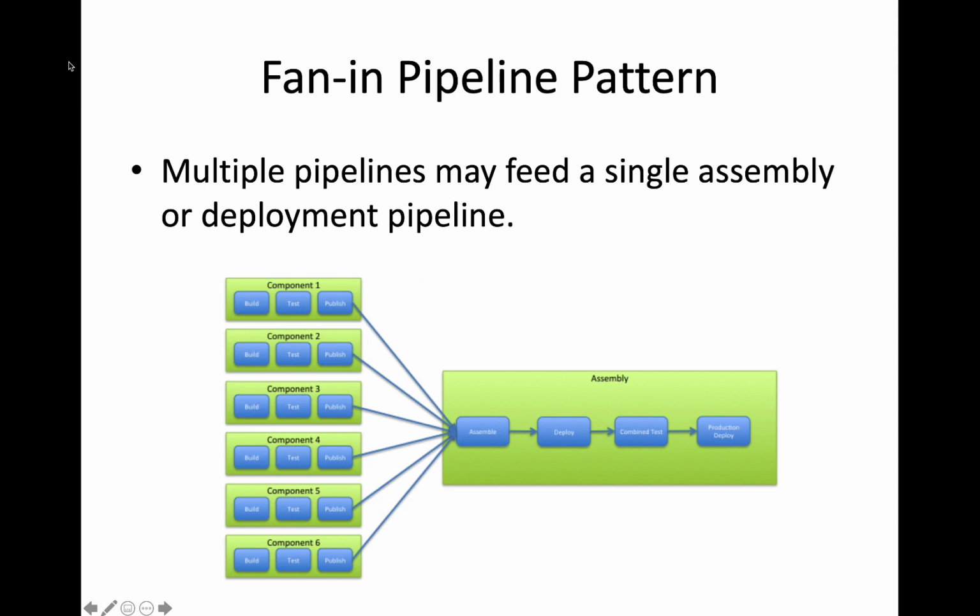We could have separate pipelines for each individual service, and then the output from those pipelines, the resulting service, is going to be assembled along with other services in an aggregation pipeline that will ultimately assemble our entire platform. This is a very common pattern that you'll find in organizations that have implemented software delivery pipelines.